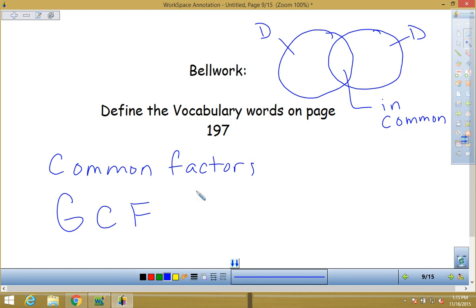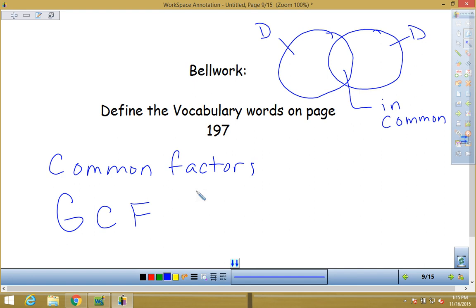Good. Okay. As I was telling you, we're going to look at a few different methods on how to find the greatest common factor. We're going to look at prime factorization, so we're going to revisit that. We're going to look at division ladders, and we're going to look at Venn diagrams.